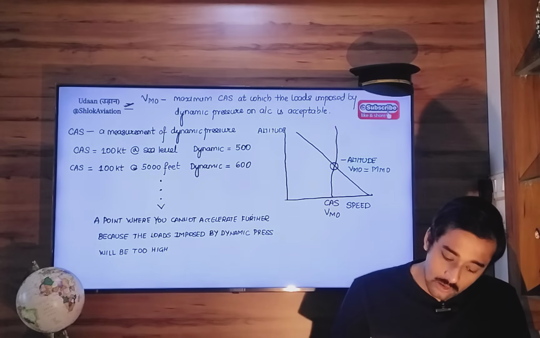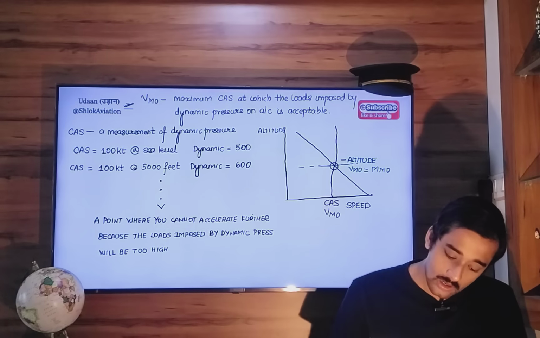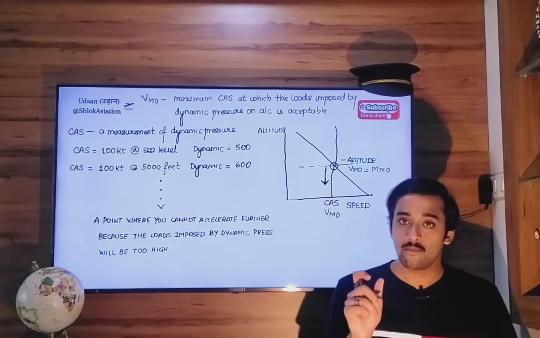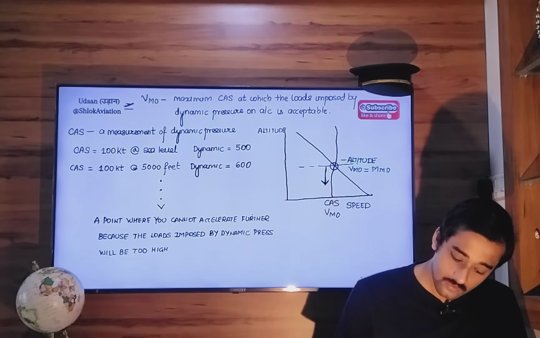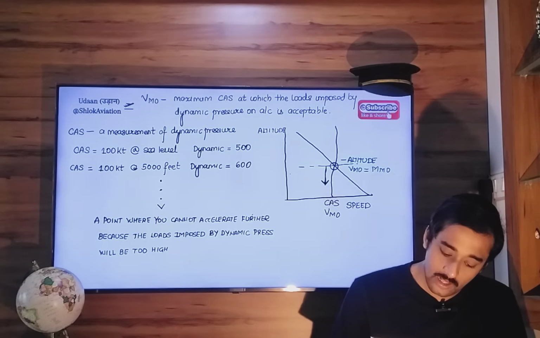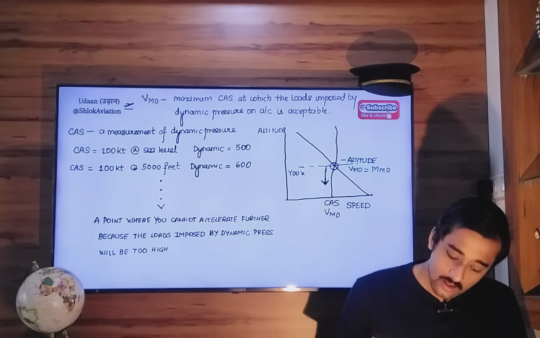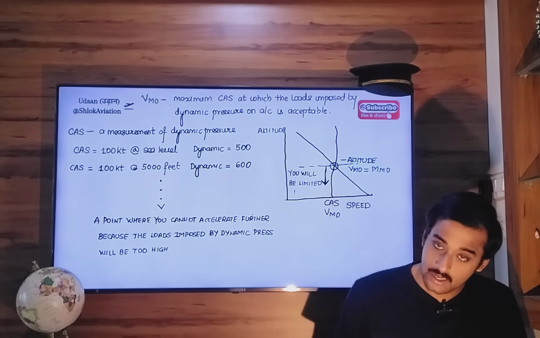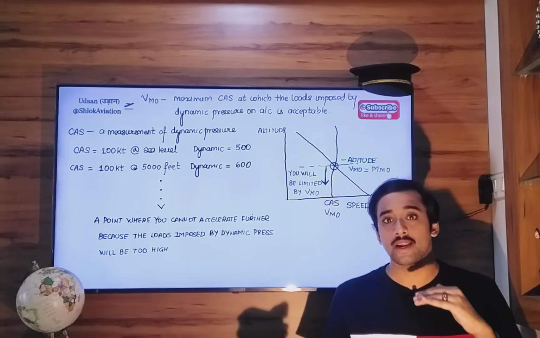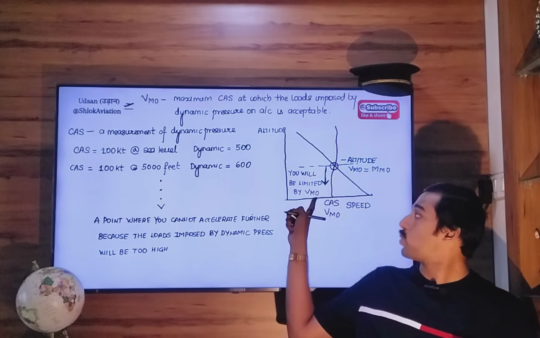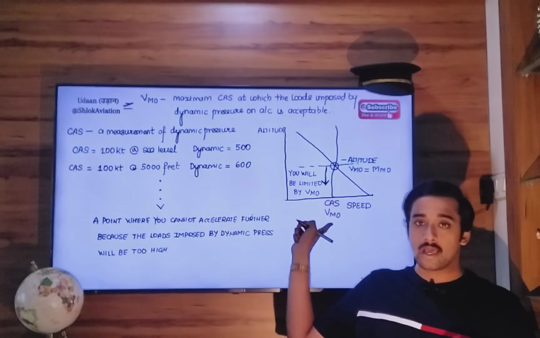And at altitudes below this point, where VMO equals MMO, what will happen is that you will be limited or restricted by VMO. So at lower altitudes, you will be restricted or limited by VMO, calibrated airspeed.